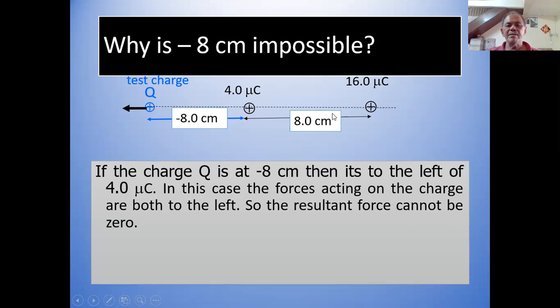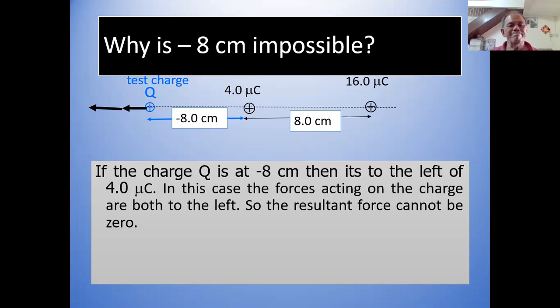Between the 16 and the test charge, there's a repulsive force. So there's no way you're going to get an attractive force on the left hand side. Same on the right hand side. Only somewhere in the center do you get zero resultant force. To the left or to the right of the charges, there's always a resultant force. So the negative comes from our squaring.